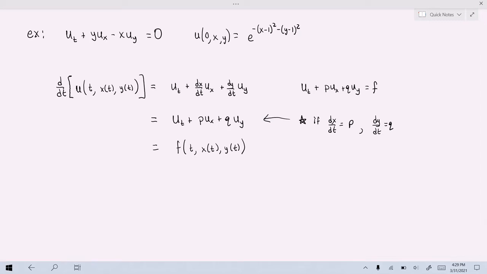So if the derivative of u is equal to f, then once again, we should be able to solve for u along this curve by integrating f along this curve.